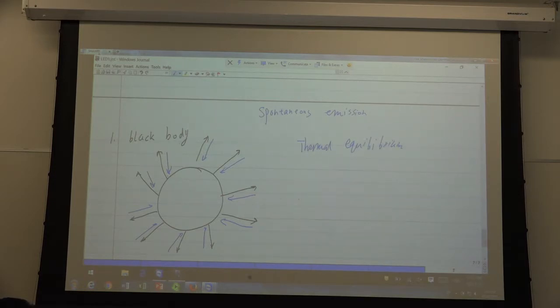Mathematically, a black body has emission coefficient equal to absorption coefficient equal to 1. Consider a black body.